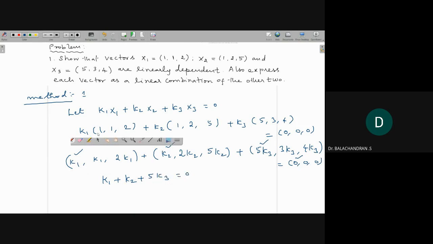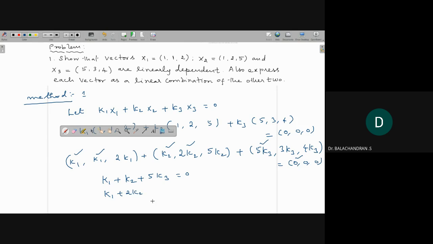Similarly, next: k1 plus 2k2 plus 3k3 equal to 0.